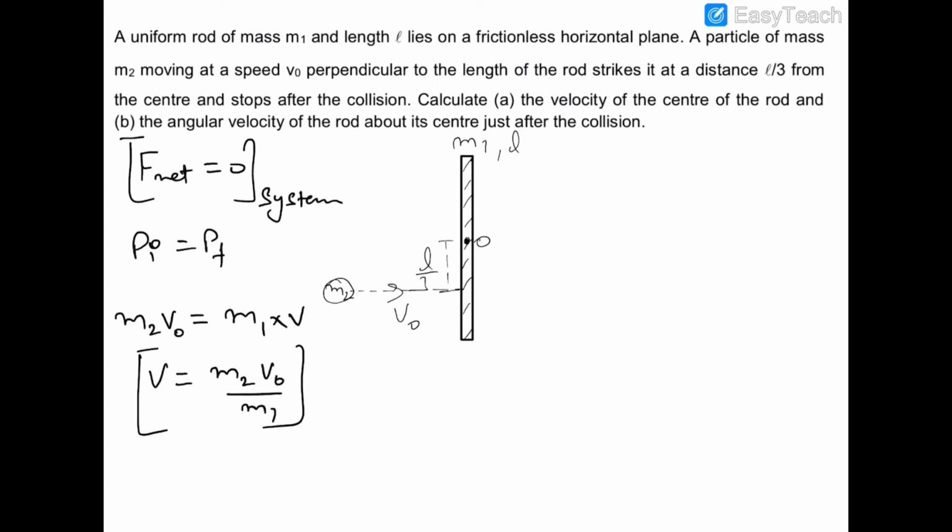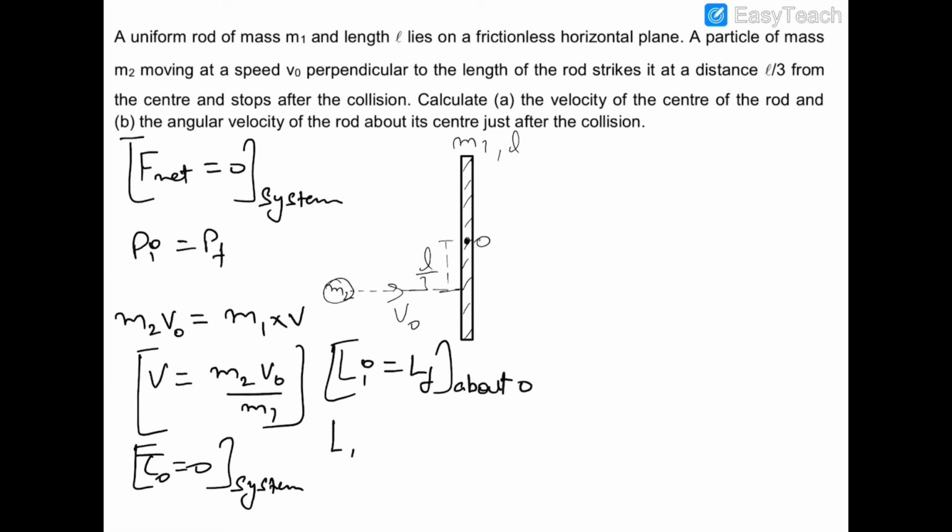So after the collision, only the rod is moving, and hence we have to balance the angular momentum about that center of mass of the rod. So the torque acting on the system is 0, obviously, about O, and therefore we can balance out the angular momentum of the system about O.